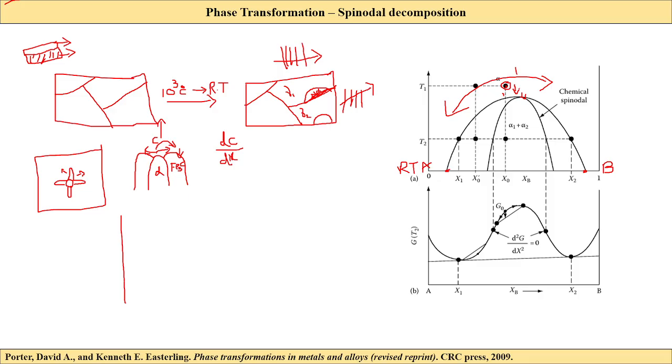Now, however, here you can see at T2, if I draw a free energy versus composition diagram, so it is at T2. Right, so I am drawing the free energy versus composition diagram at a specific temperature. Now we have seen the free energy versus composition diagram for different temperatures, for different types of phase diagram.